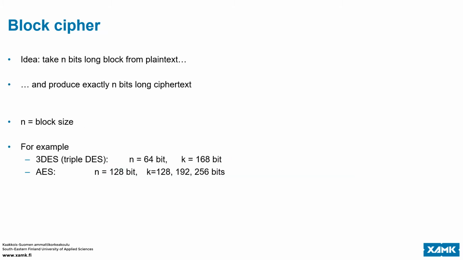For example, two of the more famous block ciphers are the Data Encryption Standard, or DES, and the Advanced Encryption Standard, or AES. There is also a three-layer successor to the DES called triple DES. The Advanced Encryption Standard is very ubiquitous.